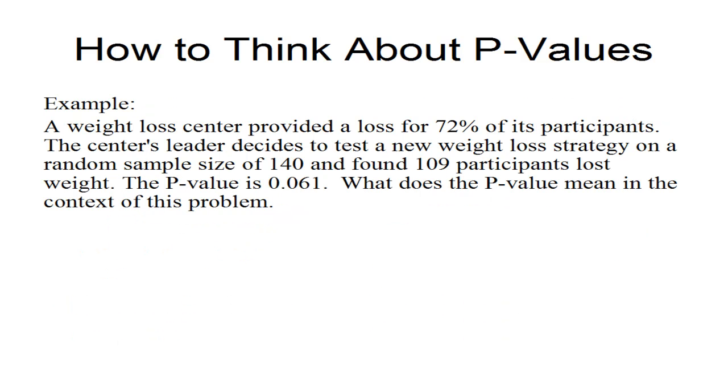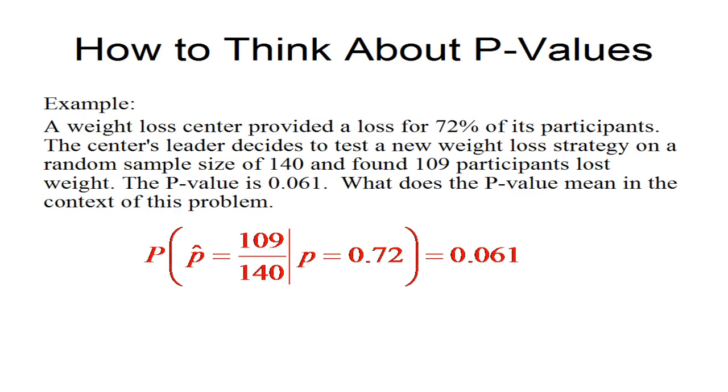Take an example. A weight loss center provided a loss for 72% of its participants. The center's leader decides to test a new weight loss strategy on a random sample of 140 and found 109 participants lost weight. The p-value is 0.061. What does the p-value mean in the context of this problem?